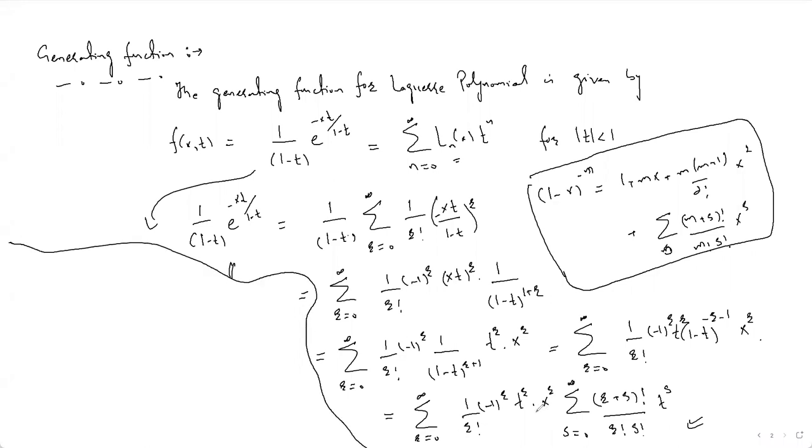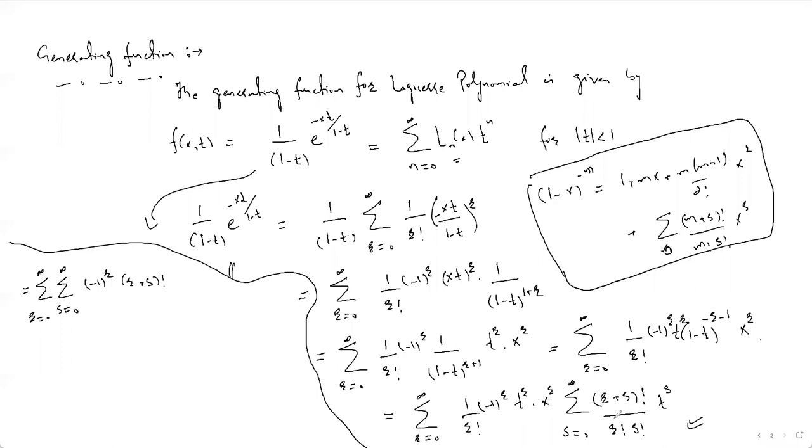Okay, see this equation. I will write this equation as summation r running from 0 to infinity, summation s running from 0 to infinity. Fine. I will write the numerator part first. Minus 1 raised to power r. Then I have (r plus s) factorial.